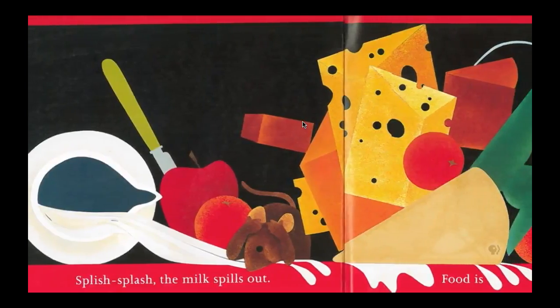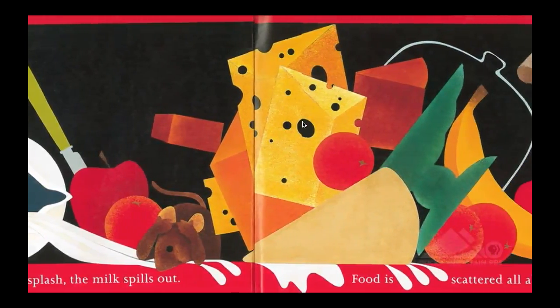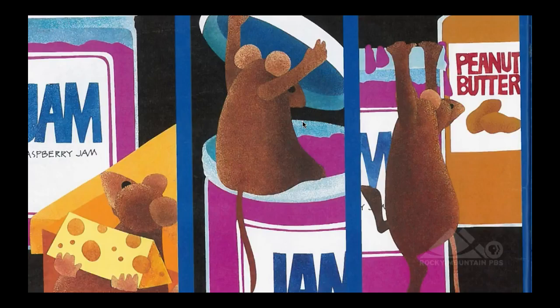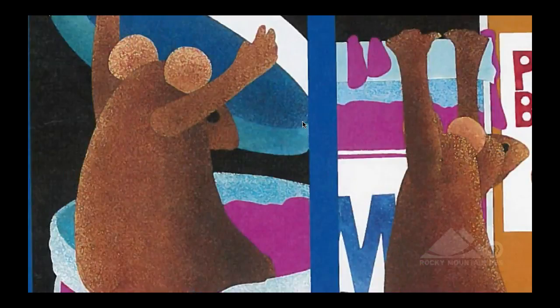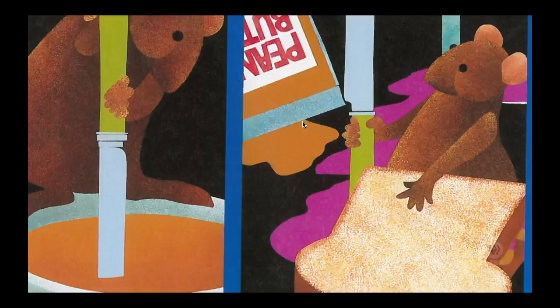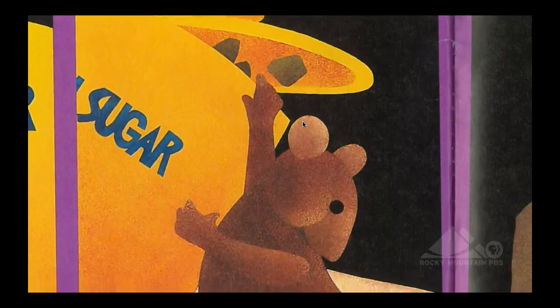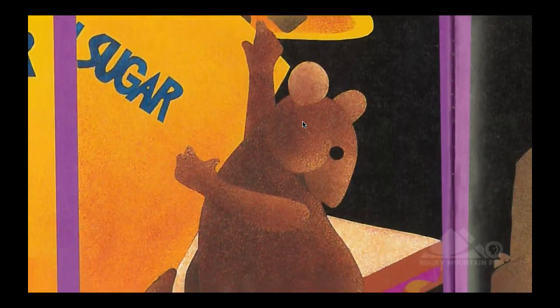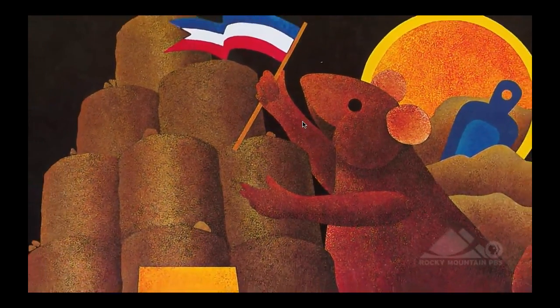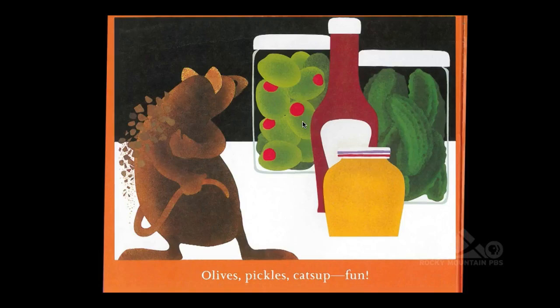Splish, splash. The milk spills out. Food is scattered all about. Sticky, gooey jam to spread with peanut butter smeared on bread. Tipping, slipping, sugar falls. Pour and pat make castle walls.